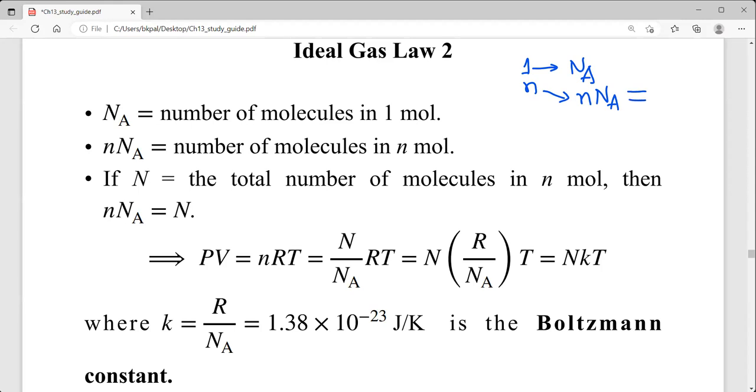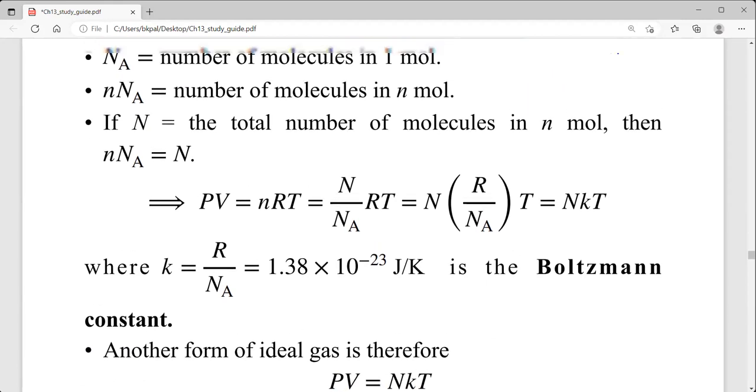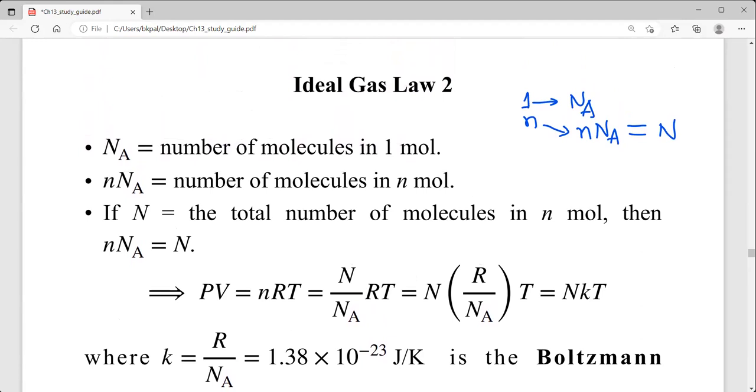And that is equal to N, as I told you at the beginning that capital N means the number of molecules. So that means nNa equal to N, and if you solve it for n, it gives you n equal to N, the number of molecules, over Avogadro's number. Now if you substitute this n into the ideal gas law, and simplify it a little bit, you get something like this.